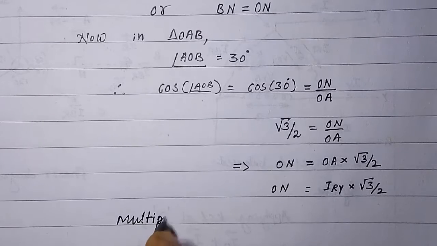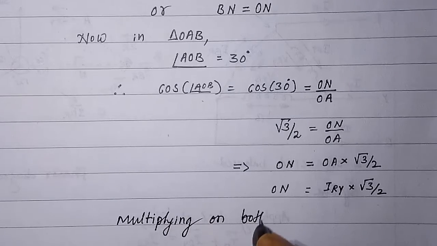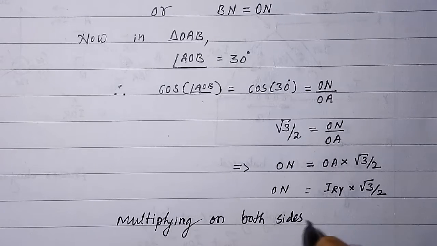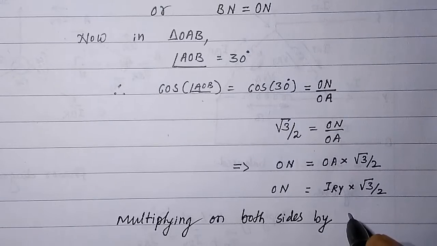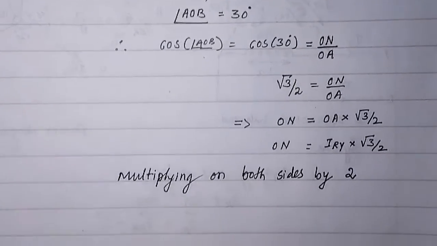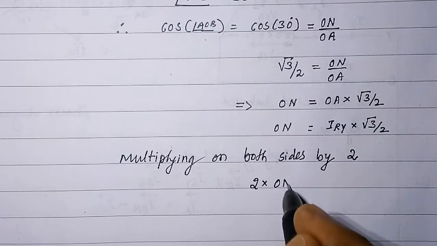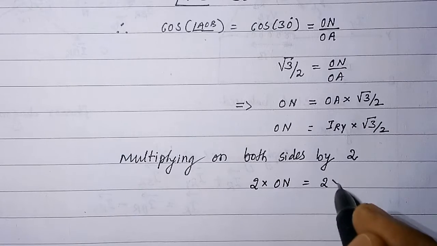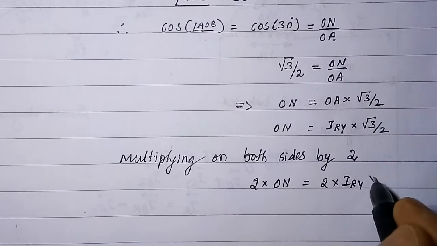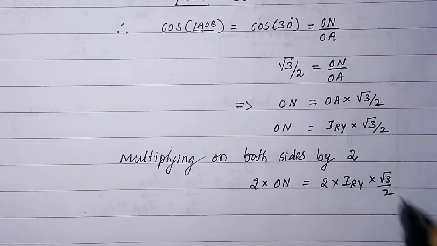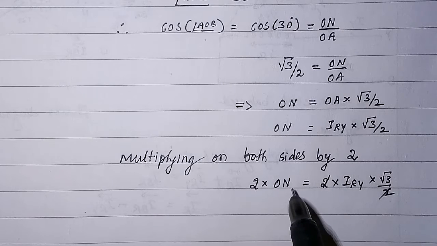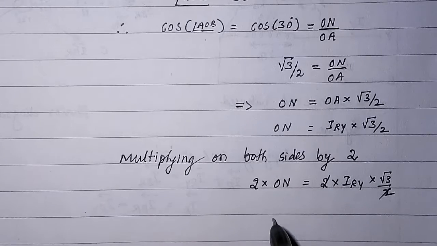Multiplying on both sides by 2, we get 2 times ON is equal to 2 times IRY into root 3 by 2. Now 2 and 2 will get cancelled. We know that 2 times ON is equal to OB.